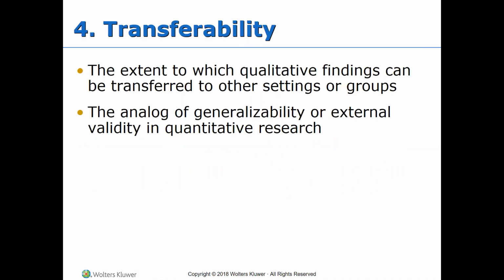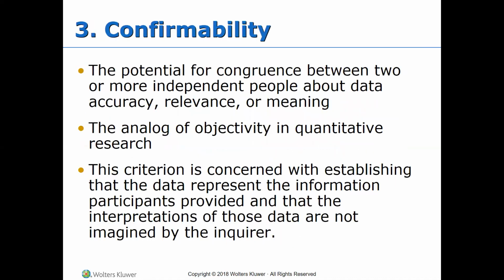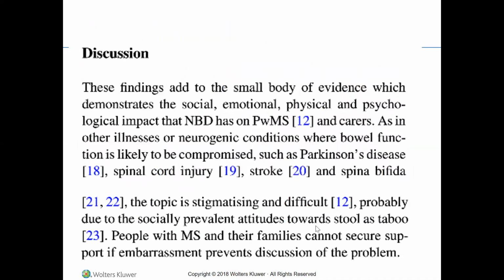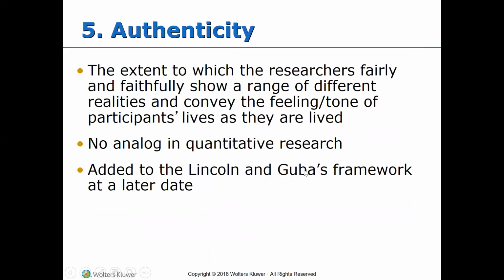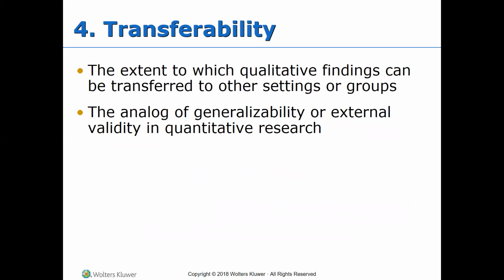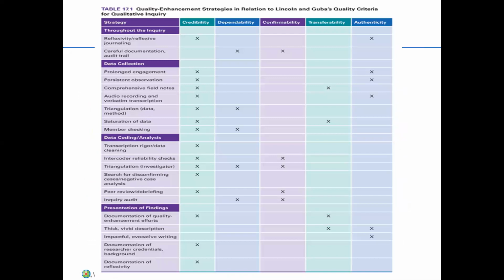This is the extent to which qualitative findings can be transferred to other settings or groups, and that has to do with generalizability. There was some discussion that would relate to this in the earlier section, where we talked about other people who could have these same kinds of neurogenic conditions that could be influenced by this concept of concern about the bowel.